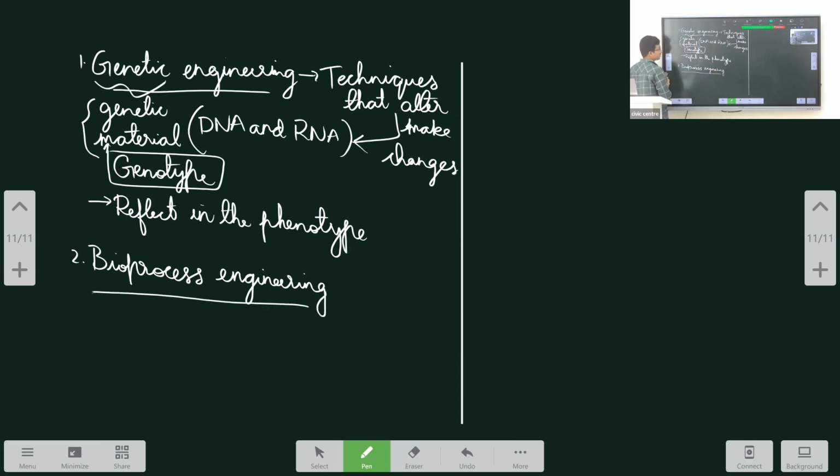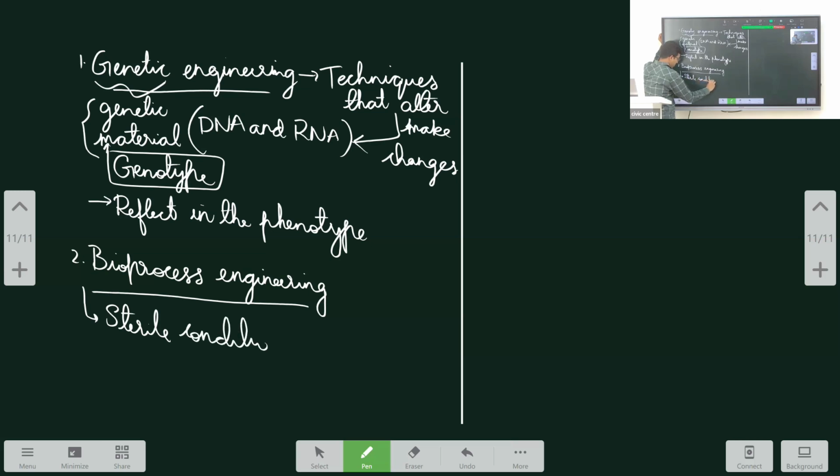Now see, the bioprocesses include those manufacturing techniques or processes where you will be seeing biological agents taking place, like microbial action, the action on the microbes or the action on the enzymes. So all these will come under bioprocess engineering. And in order to make sure that such a process takes place, you need to maintain sterile conditions.